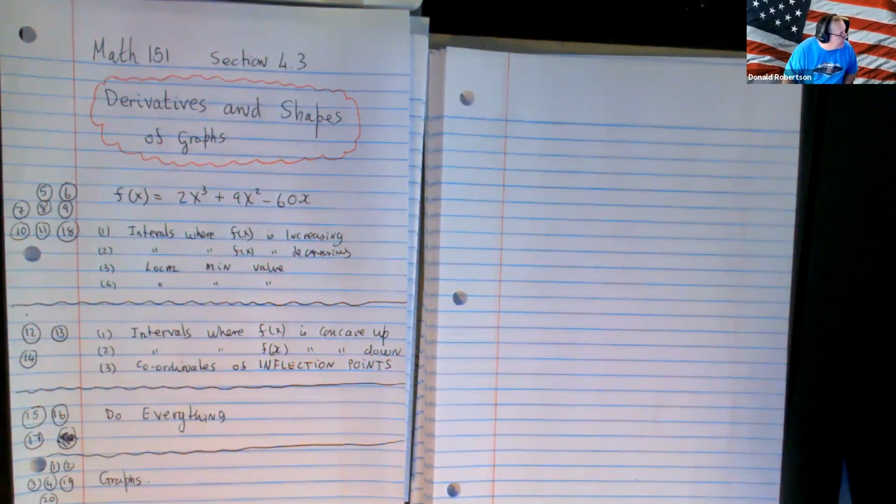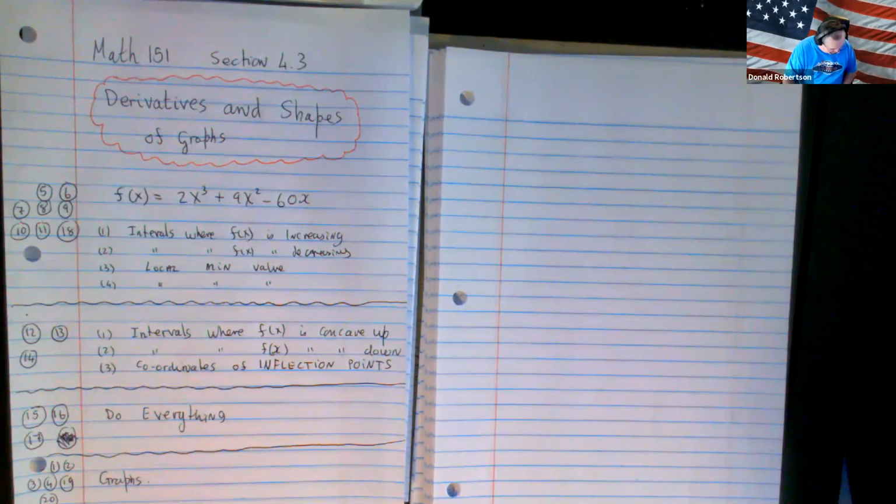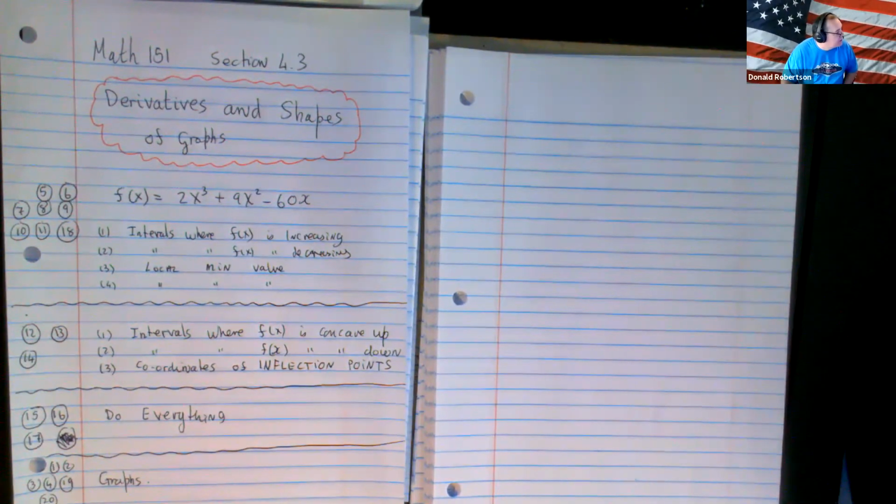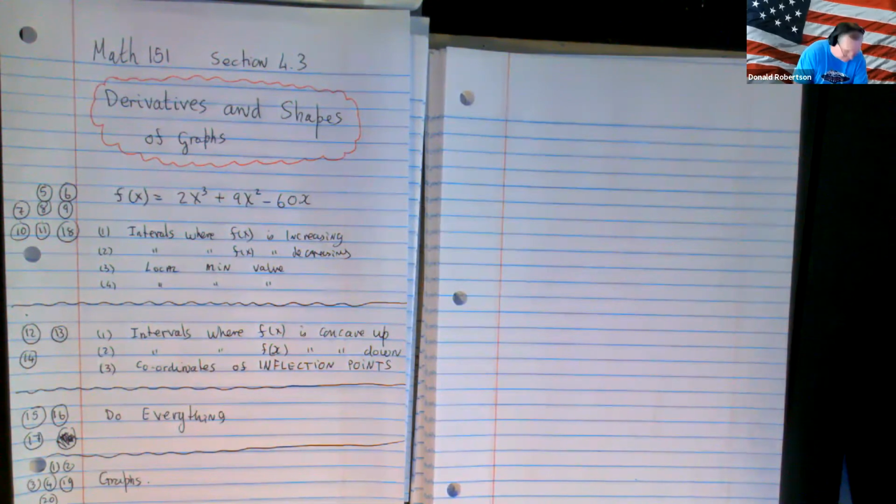Questions 15, 16, and 17 get us to do everything, which means find all these things. And who am I picking? I don't know. Who should I pick? Let's do this fella.